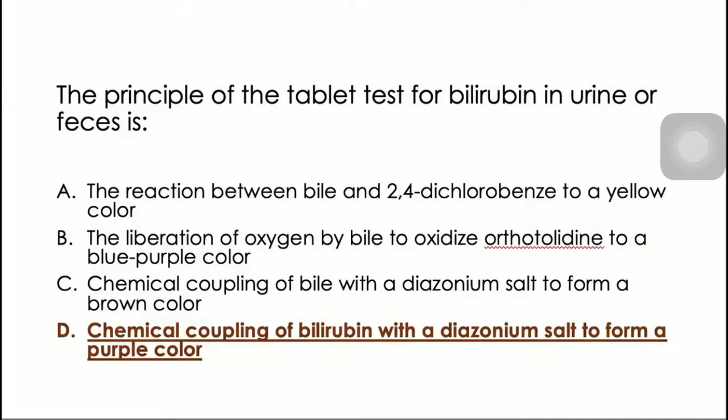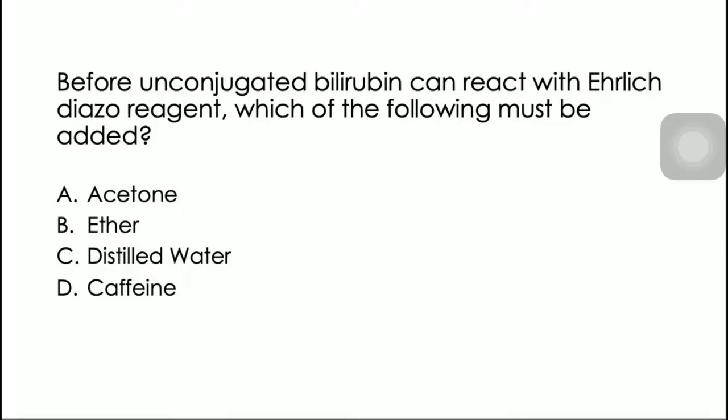Okay? Next, before unconjugated bilirubin can react with Ehrlich diazo reagent, or your diazotized sulfanilic acid, which of the following must be added? In the reaction, your conjugated bilirubin will easily react in our test with diazotized sulfanilic acid to produce azobilirubin.